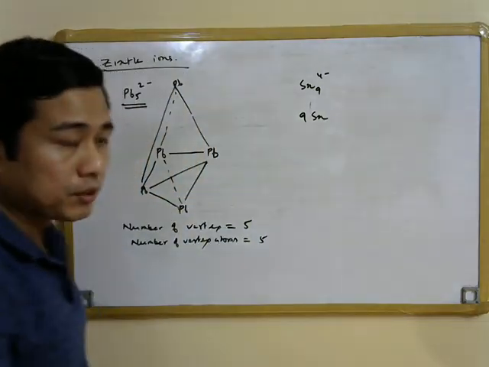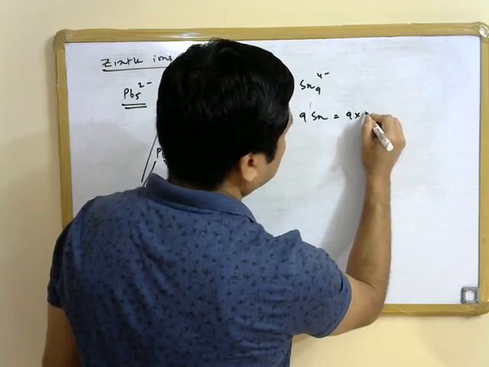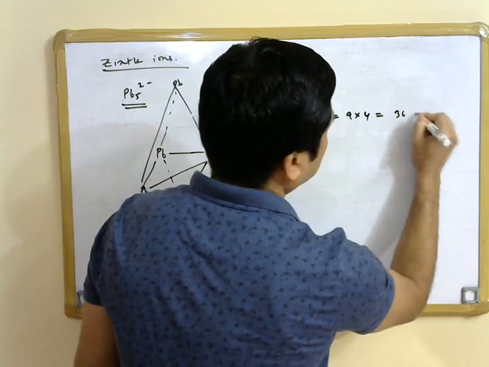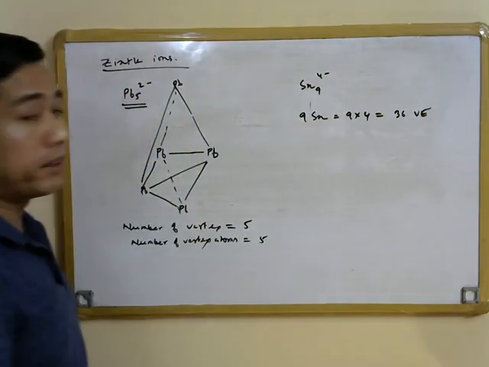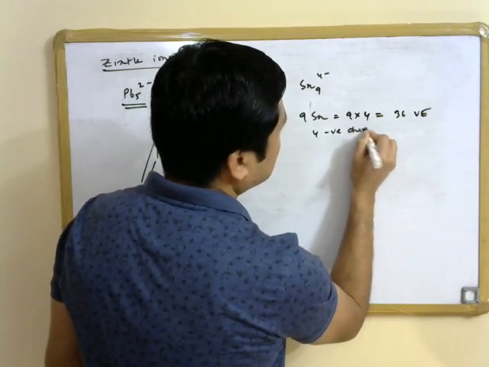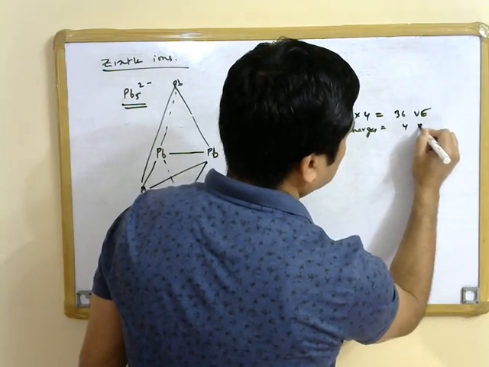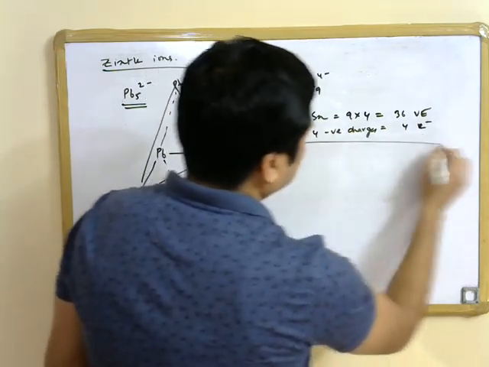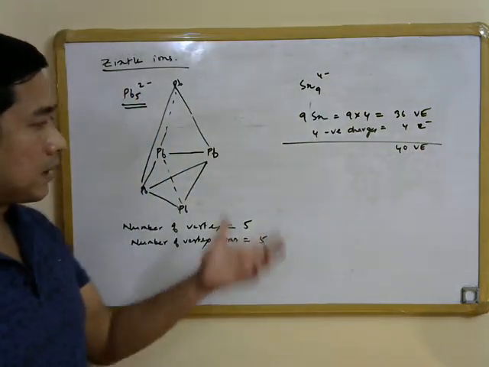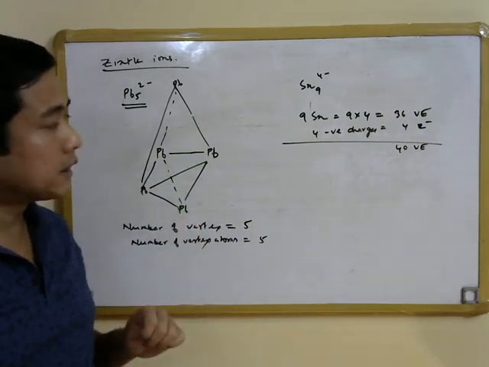Tin is also a carbon group element, so we know that for each of these 9 tin centers we have 4 valence electrons, so total 36 valence electrons from the 9 tin centers, and we also have 4 negative charges here, which again gives 4 electrons. So this totals to 40 valence electrons in this cluster, and we will again deduct the electrons that are not going to be used in skeletal bonding.